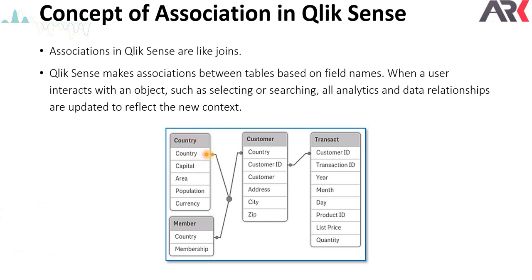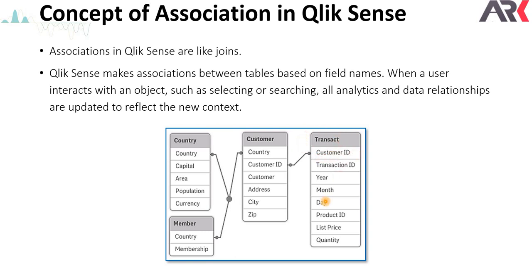As you can see, this country is associated with the country in your customer, and this same country is also associated with the country in your member, and the customer ID is associated to customer ID in the transaction table. So this will help.